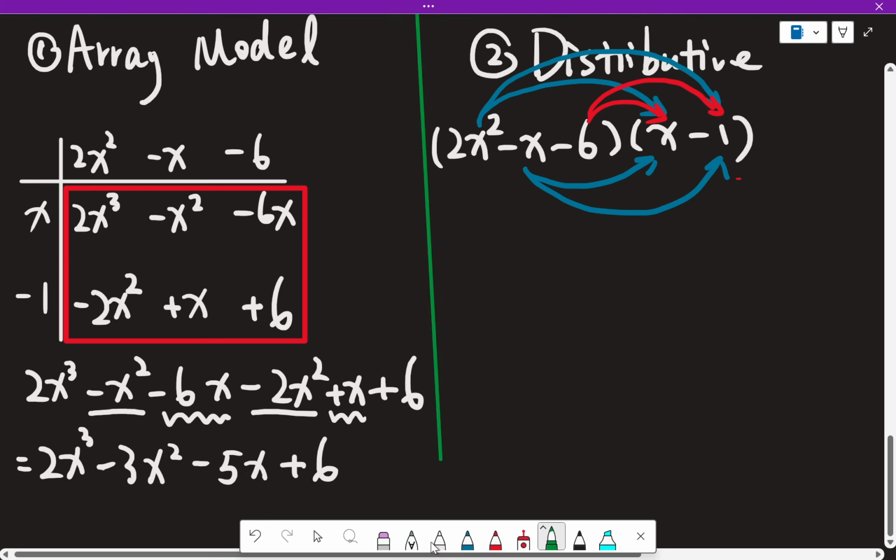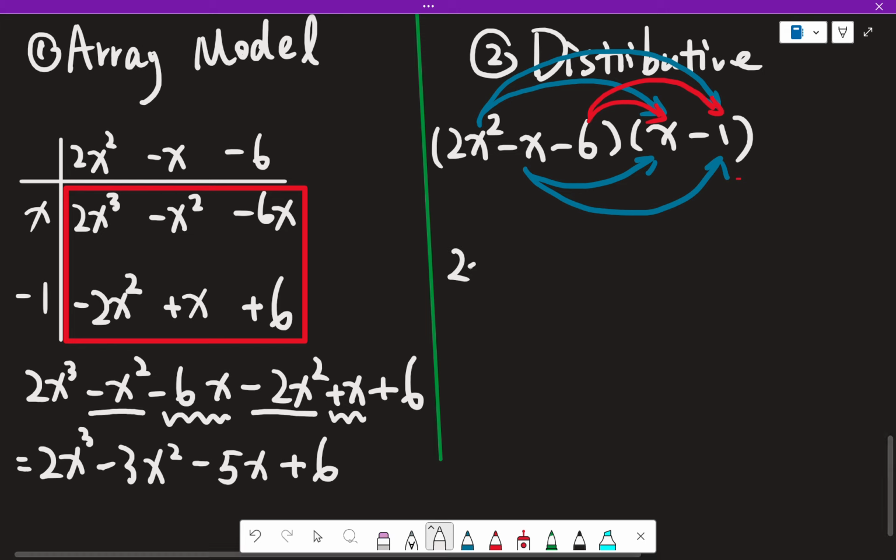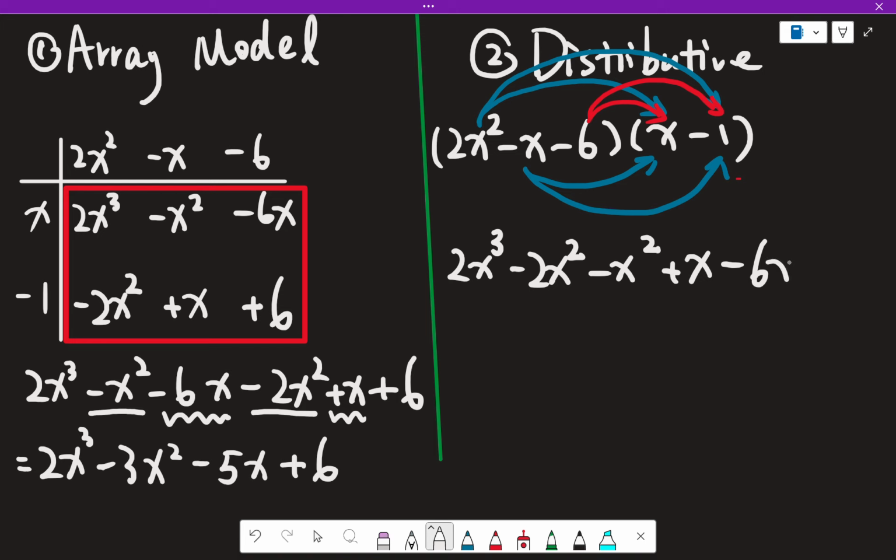Okay, so by multiplying 2x squared and x, we will get 2x cubed, 2x squared and negative 1, negative 2x squared, negative x and x, negative x squared, negative x and negative 1, positive x, negative 6, positive x, negative 6x, and negative 6, negative 1, positive 6.